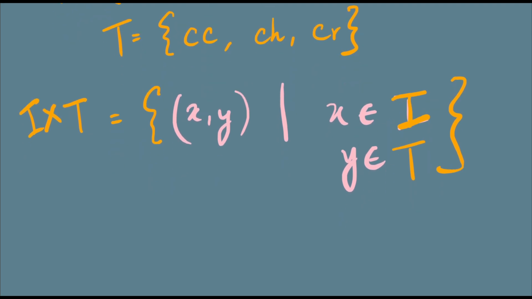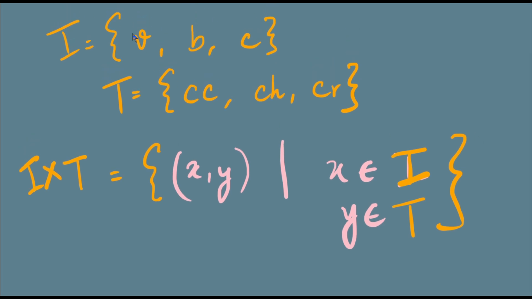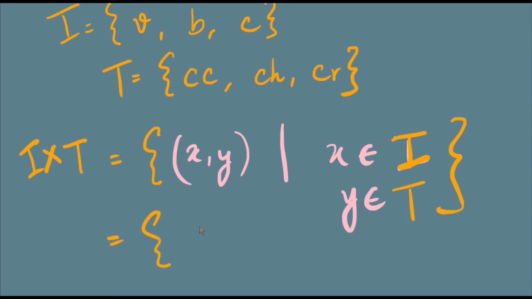And what I want to motivate is the scenario where we don't use the whole Cartesian product. We might use a subset of it for our purpose. So for example, what will be the Cartesian product of this whole thing? Well, it will be all the ordered pairs. Because I know set I and set T are both non-empty, I can write this in the roster form.